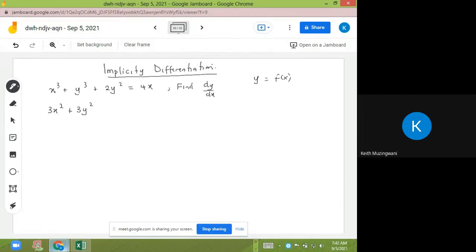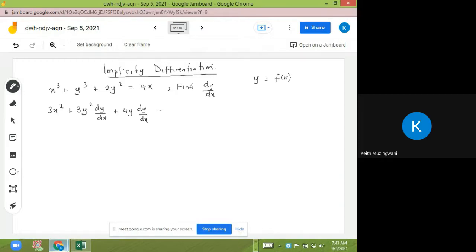So we'll just say we are differentiating this with respect to x and not with respect to y. Plus, you differentiate 2y squared again, you get 4y. But because it is y, you multiply it by dy/dx to indicate that I was supposed to solve for y. But because I'm unable, I've just differentiated it as if it was x, but I know it is not x, it is y. So I'm differentiating y with respect to x.